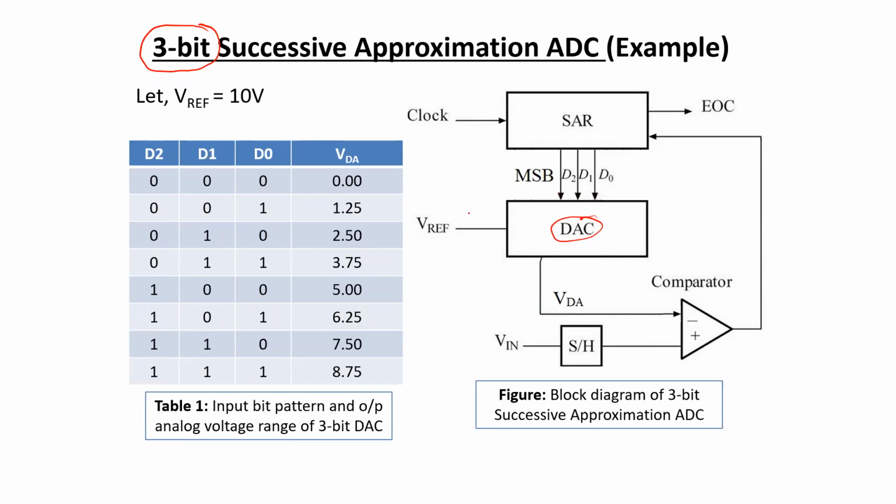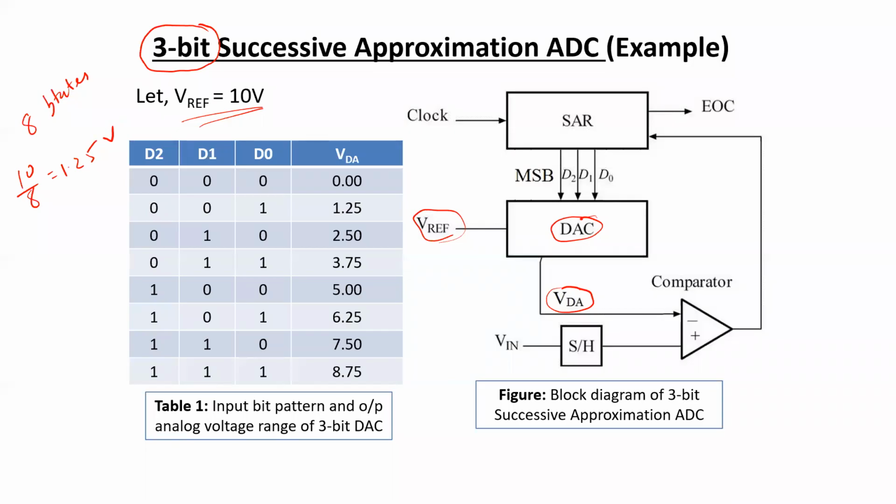The DAC with respect to the reference voltage provides a particular equivalent analog voltage for a particular bit pattern. For this example, if we consider that the reference voltage is equal to 10 volts, for 3 bits there will be 8 quantizer states, and 10 divided by 8 we can easily determine as the quantization interval.